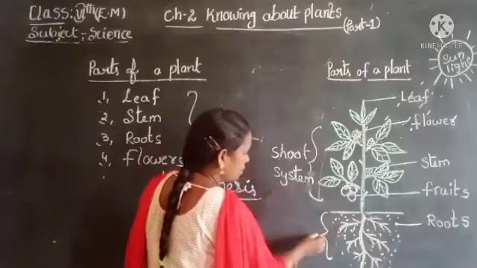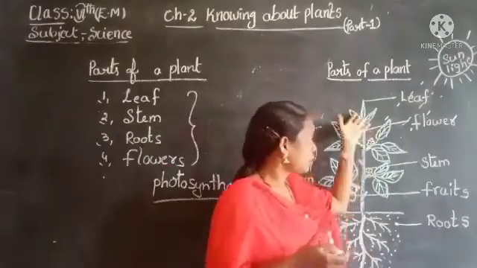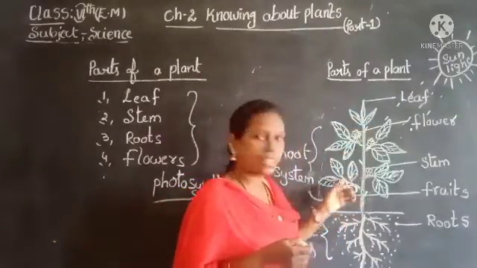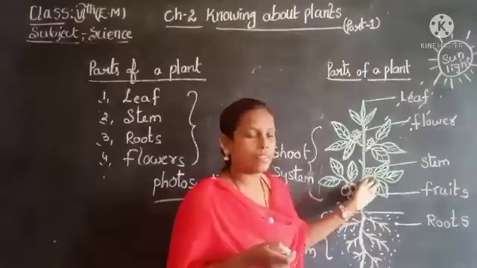The lower part, the roots, is called the root system. The shoot system means the stem. The stem is bearing the branches, leaves, fruits or flowers and giving strength and support to all parts of the plant.